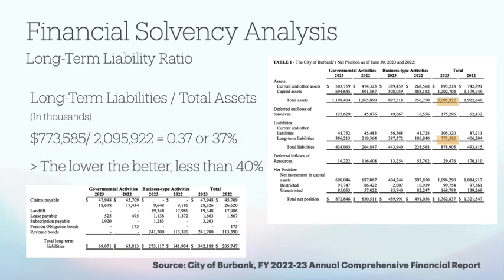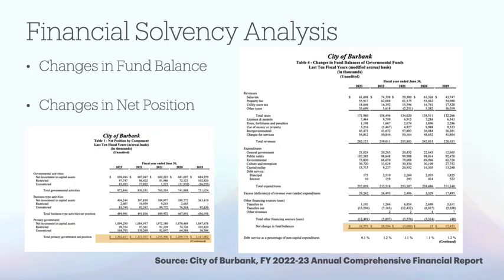In addition to solvency ratios, we can take a look at an ACFR's statistical section. There are a lot of metrics and factors that we can really take a look at when analyzing an ACFR. So when we flip to the very back of the City of Burbank's ACFR document, we have the statistical section, and a couple of schedules here are pretty insightful, namely the changes in fund balance and the changes in net position for the city.